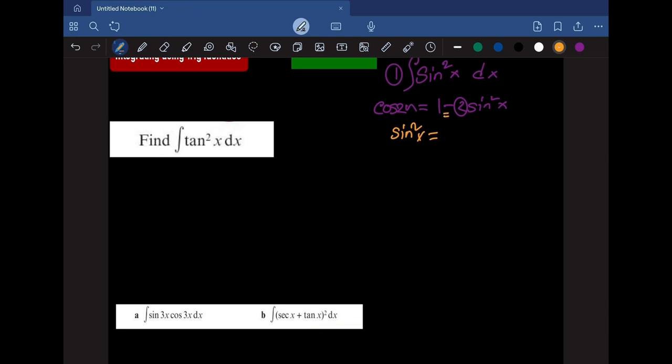This is a negative value here, so it becomes 1 minus cos 2x, right? 1 minus cos 2x means 1 minus 1 into cos 2x. Actually this 1 is multiplied with this cos 2x. Now we have to divide it by this 2, so it becomes 1 by 2 minus half of cos 2x.